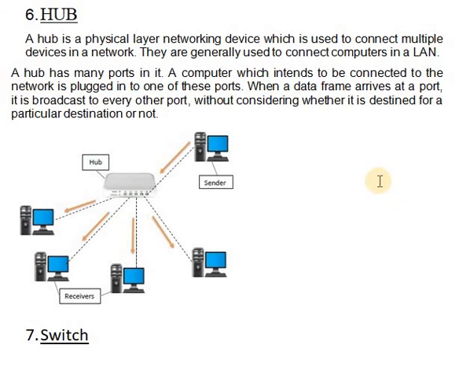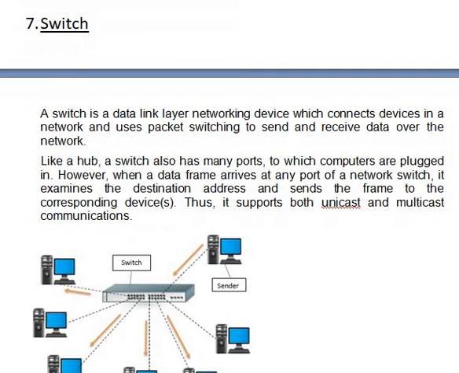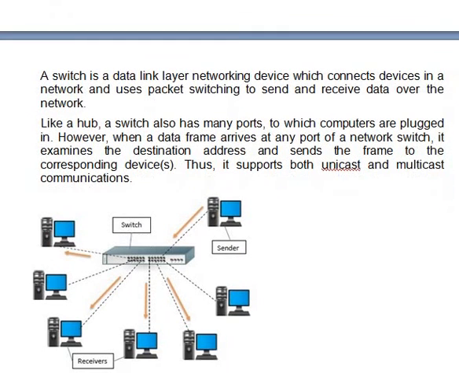Right now, in today's world, in most networks rather than hubs, switches are used, as switches are intelligent hubs. You can say that switches are intelligent hubs because they do a similar job to a hub, but they are intelligent. How? They filter the address of the receiver.